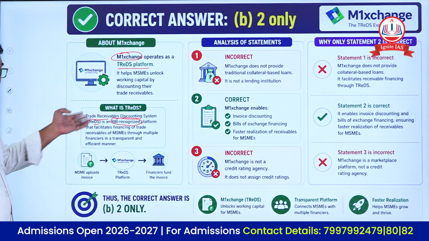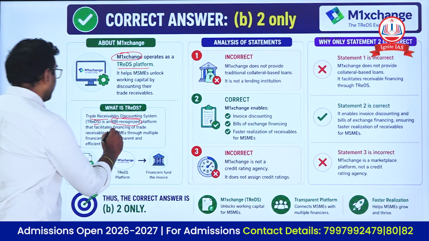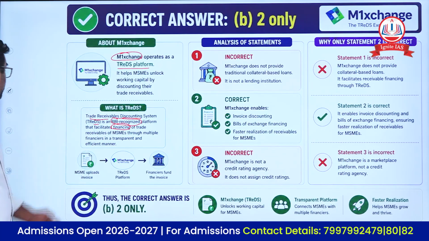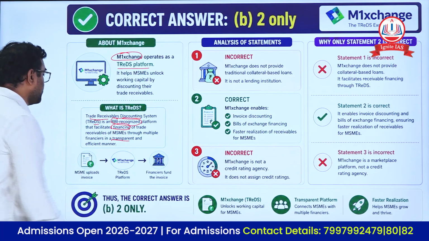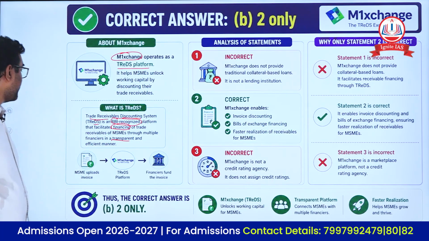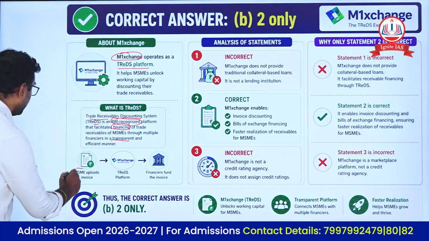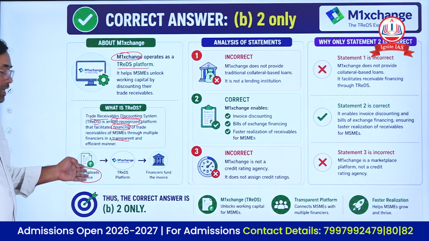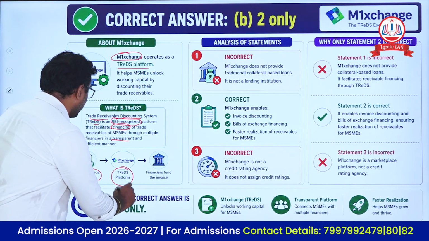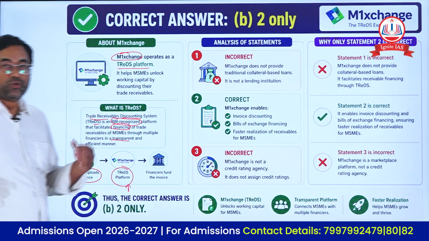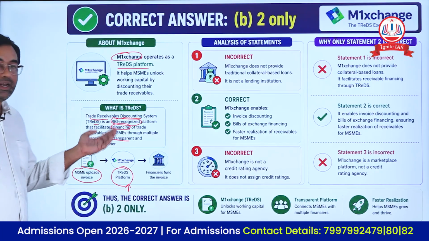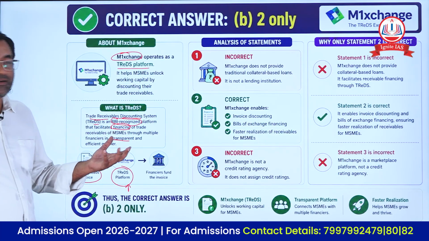Through this TREDS, the financing of trade receivables of MSMEs is facilitated through multiple financiers in a transparent and efficient manner. That means MSMEs can upload any type of invoice into this TREDS, and the TREDS platform will give an opportunity to trade those invoices and accordingly raise money for the development of MSMEs.